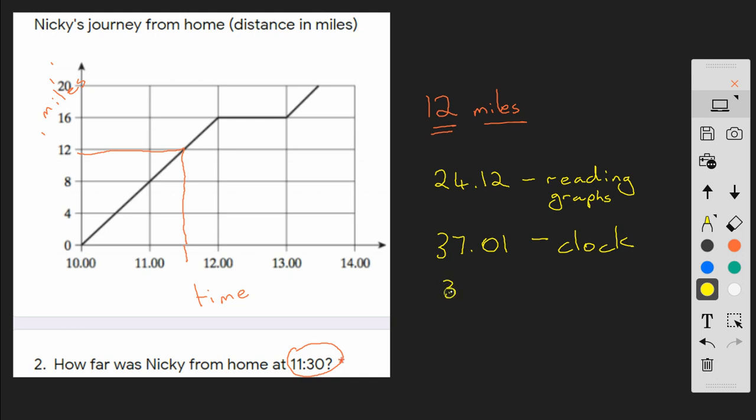And there's another one, 36.01 on scales. Got a scale here that's going up in fours, 0, 4, 8, 12, 16. If you've got problems reading off scales like this, then I think this exercise here, 36.01, might be some use to you.